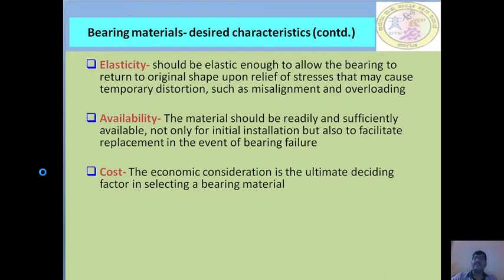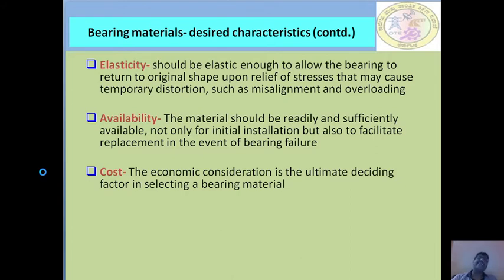The material should be readily and sufficiently available, not only for initial installation but also to facilitate replacement in the event of bearing failure. It should be available in large quantity, without scarcity, for installation as well as replacement, in order to achieve the effectiveness and efficiency of the system.